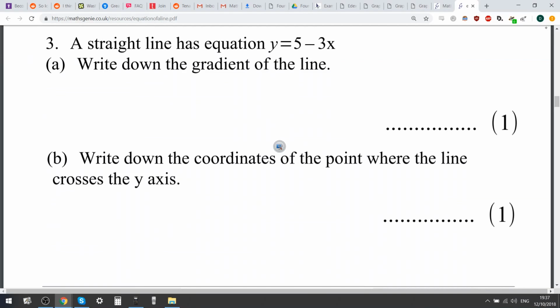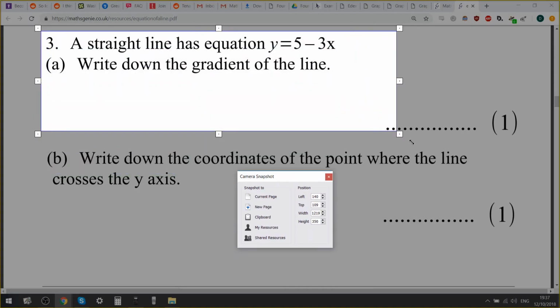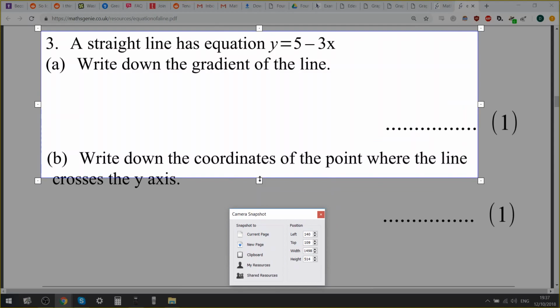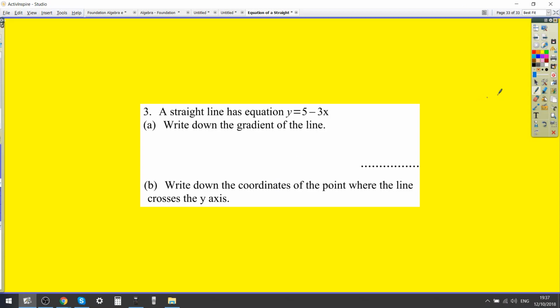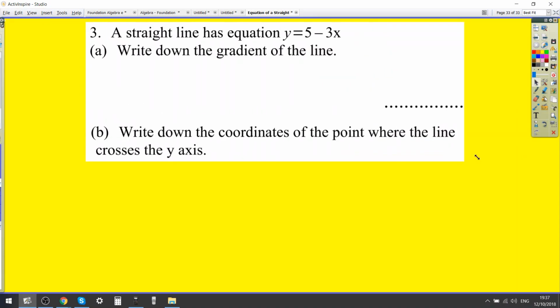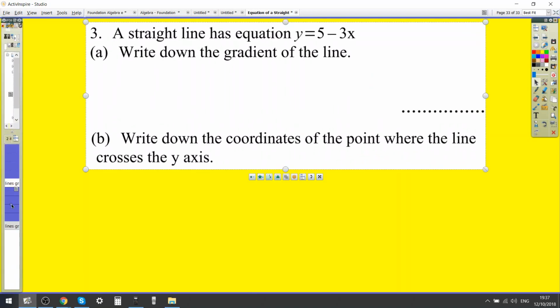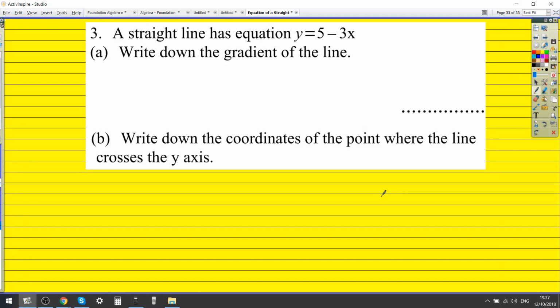Okay, how about this one? The gradient is minus 3.